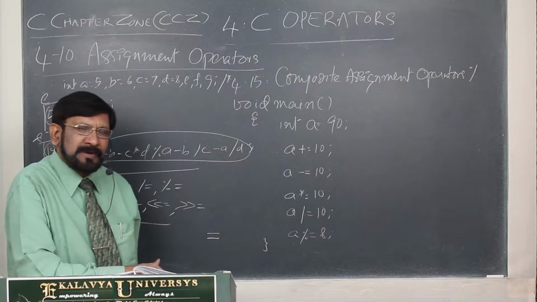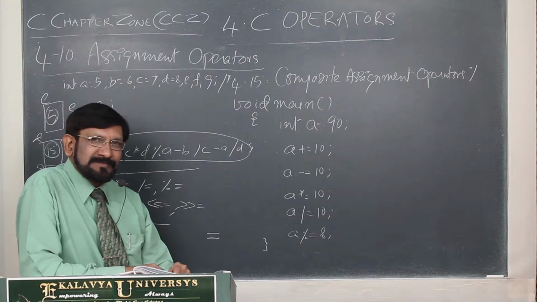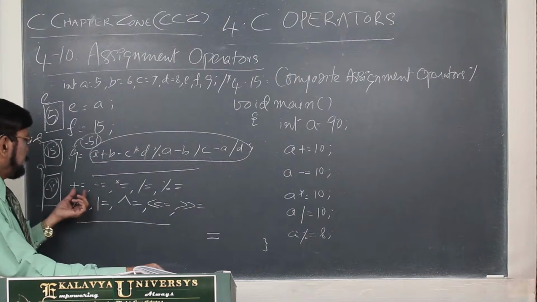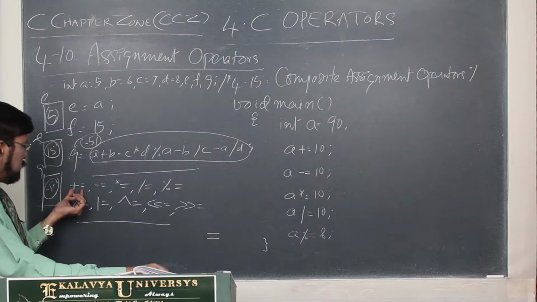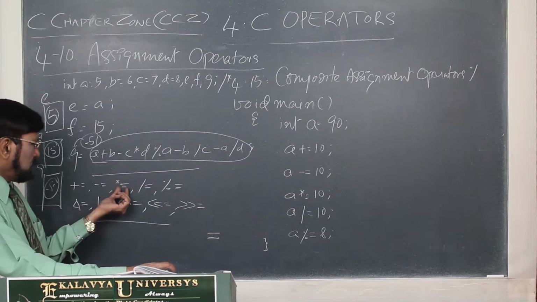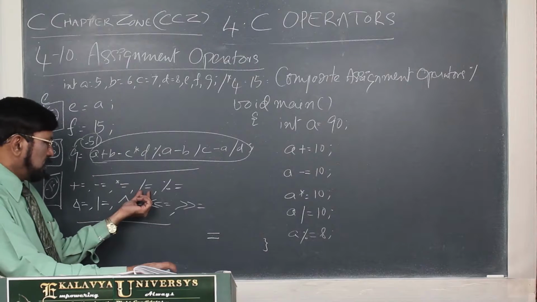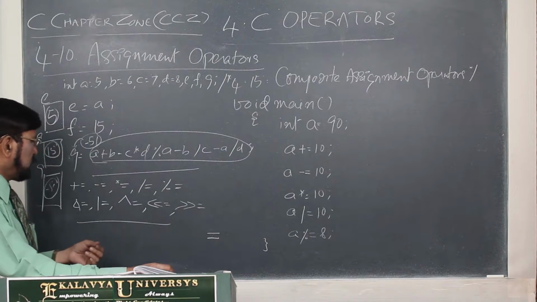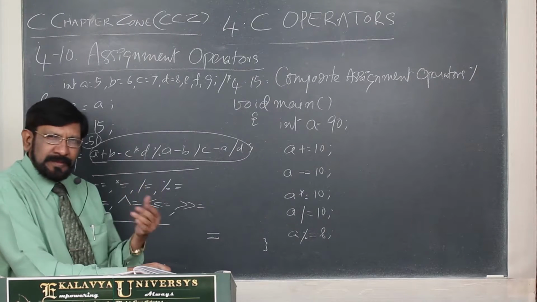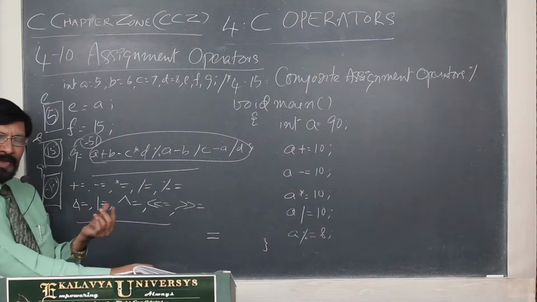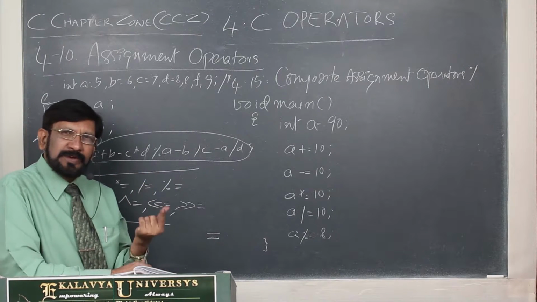Compound assignment operators are twin operators, like plus equal to, minus equal to, multiplication equal to, division equal to, modulus equal to. Thereafter, in the forthcoming concepts, I am introducing bitwise operators also.